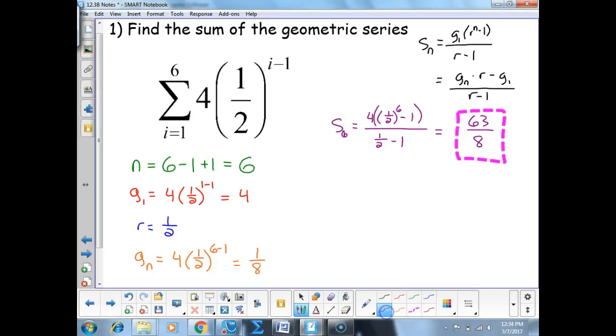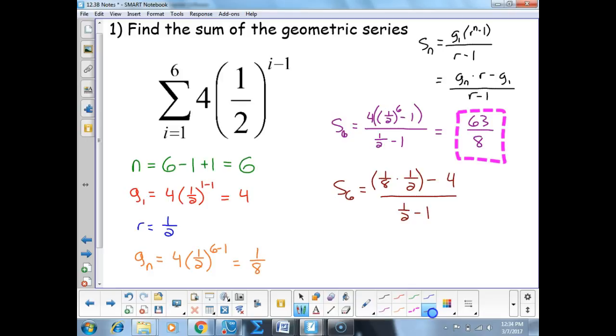Now, let's try it using the other one. The last term is 1/8 times my R value, 1/2, minus my first term, 4, all over 1/2 minus 1. 1/8 times 1/2 is 1/16.